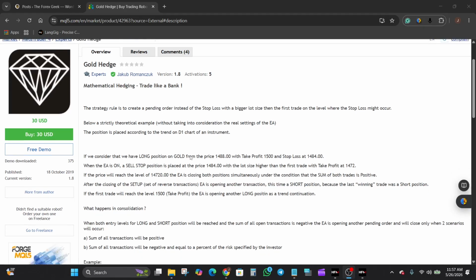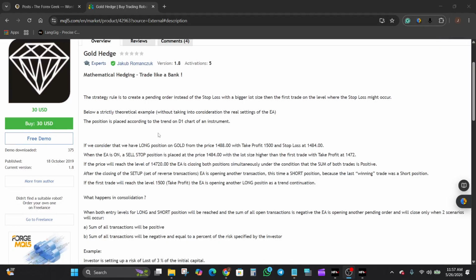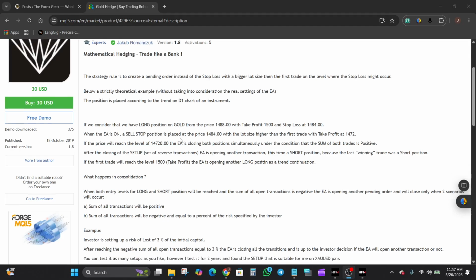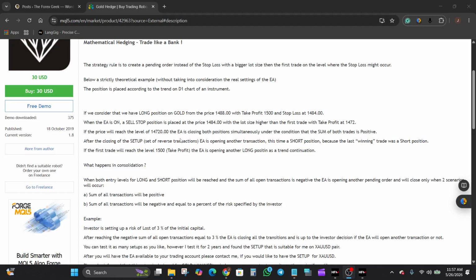The developer explains it as a structured system that uses a hedge-based approach instead of traditional stop-loss handling. Now, as I scroll through the description, one of the key ideas here is that instead of placing a standard stop-loss, the EA creates a pending opposite order at the stop loss level, but with a larger lot size.